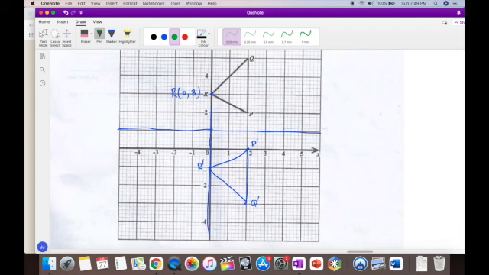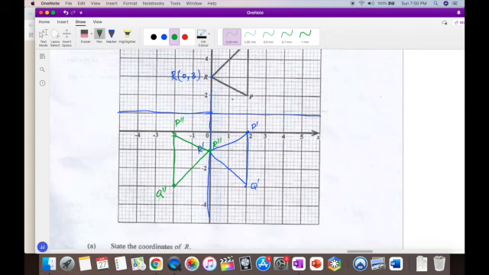And so we could see here that this will be R double prime. This will be P double prime. This will be Q double prime. And this will be our reflection. So the double primes being a reflection of the primes, and the primes being a reflection of the original triangle.